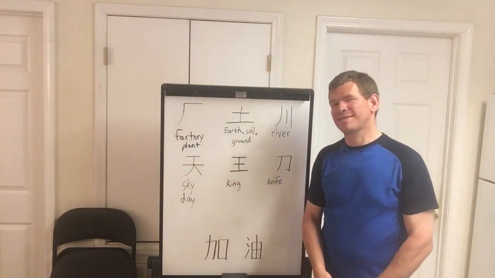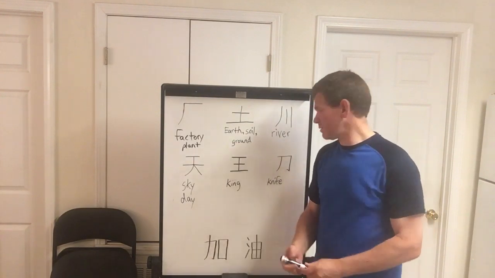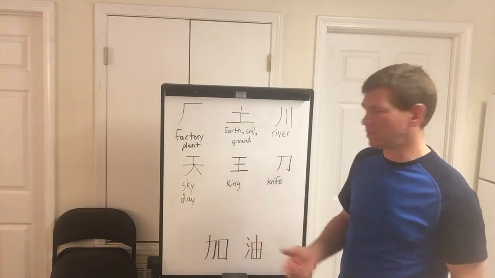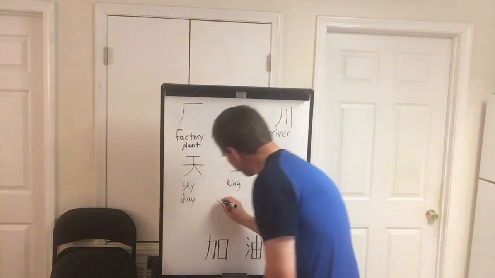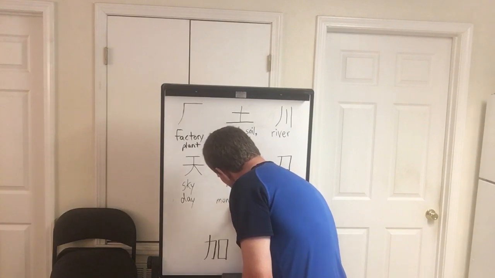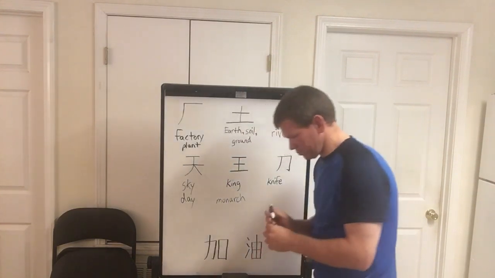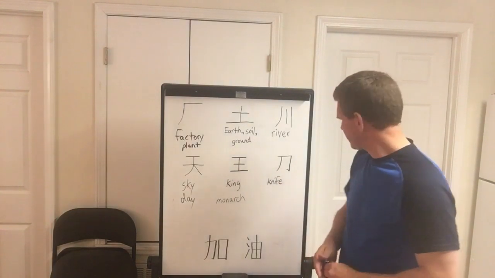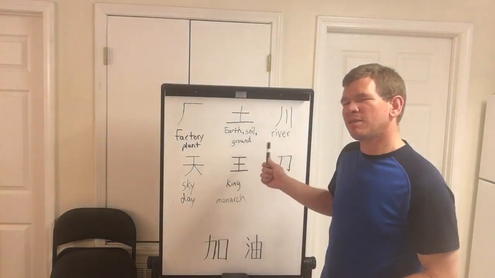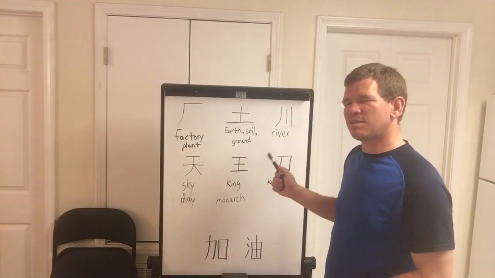The third one is king or monarch. And it does have a translation of monarch as well, which is a kind of king. So, monarch. King or monarch. And the last one is knife.